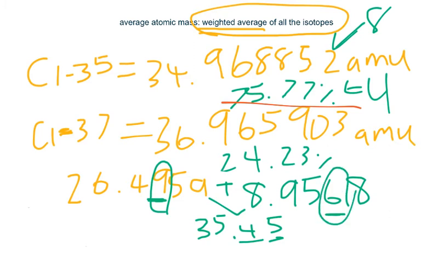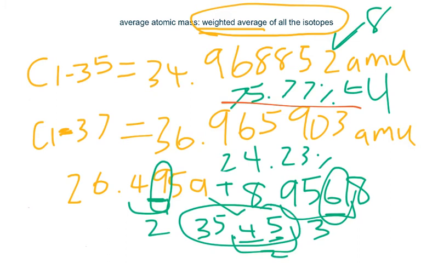So we take the lower of the 2, and since this has 2, we do 2 decimal places here. So notice how we got the average atomic mass for chlorine, and it apparently turns out to be 35.45. So we have to label the units for this now, and since this is just an atomic mass, the units for this will be AMU.